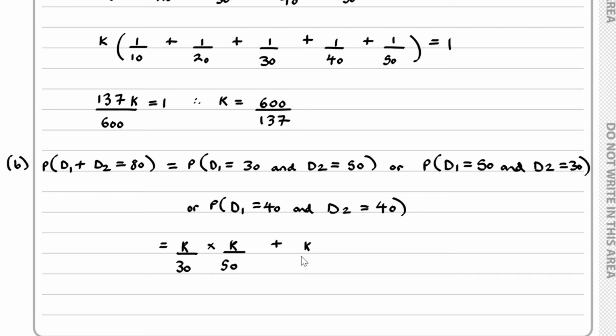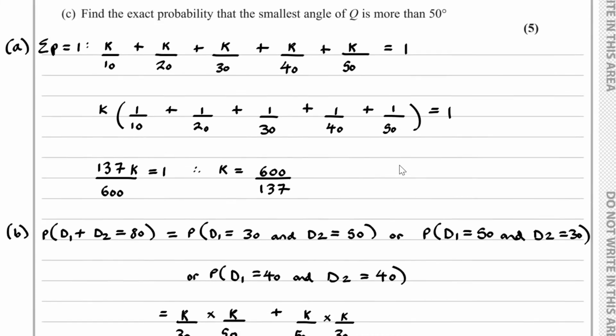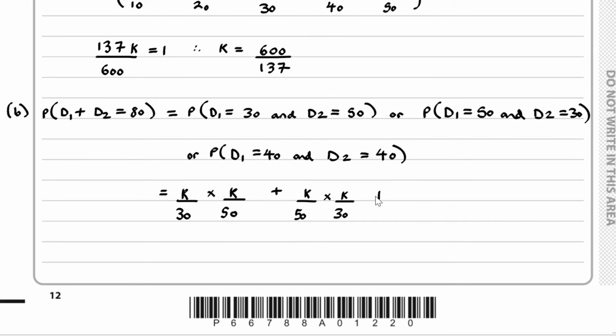So here we have k over 50 multiplied by k over 30, and now for d equaling 40, that's k over 40. So we add on k over 40 times by k over 40.